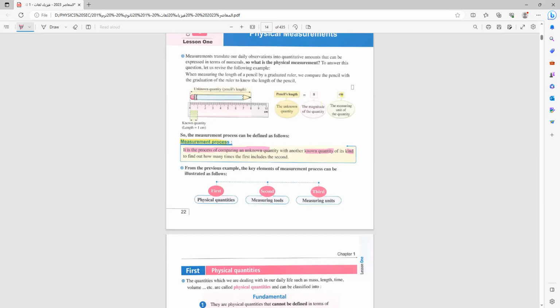Is this true? No, it is false. Pencil length equals 8 centimeters. Pencil mass equals 50 grams. So you must choose the measuring unit of the kind of the physical quantity.